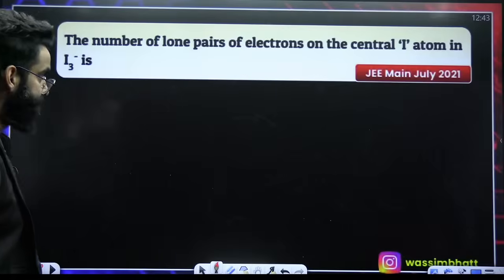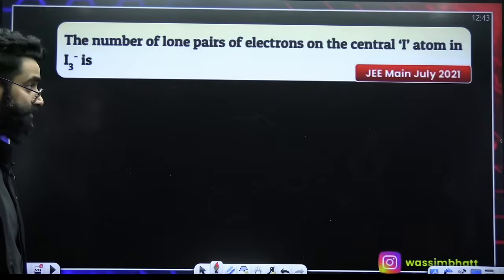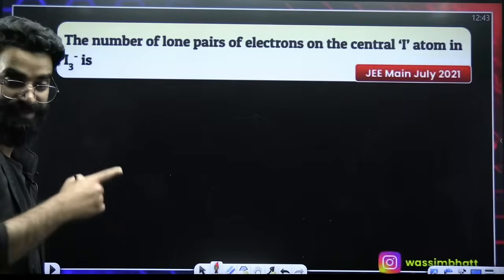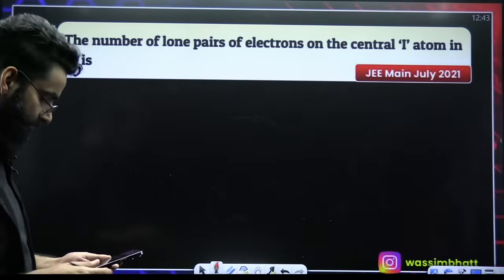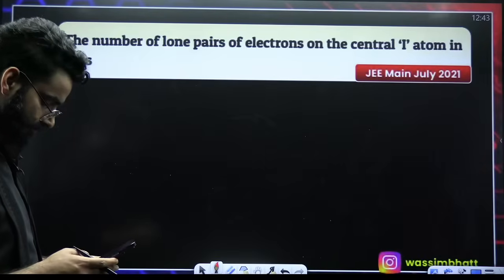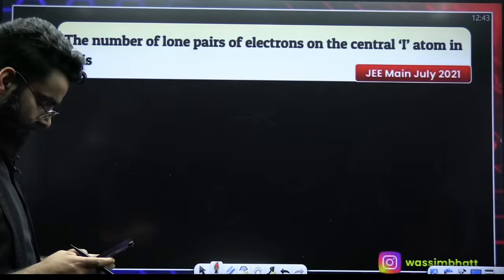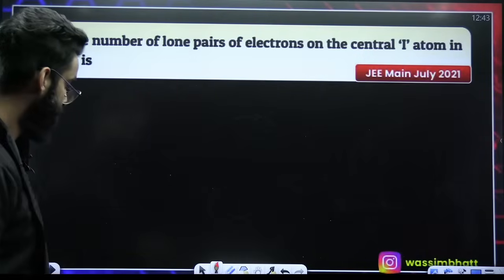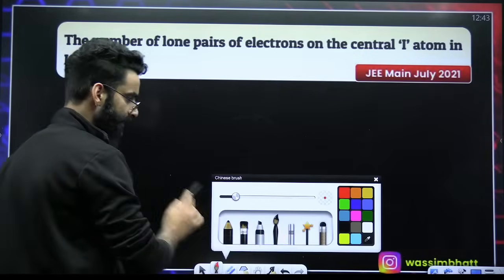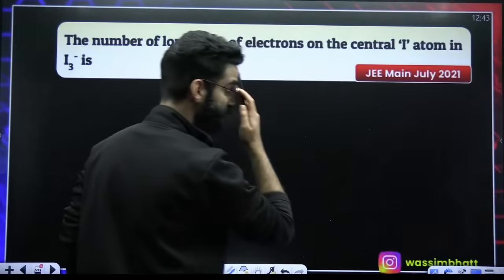What is the answer of this question? The number of lone pairs of electrons on the central iodine. It is mentioning central iodine, so the answer has to be 3.